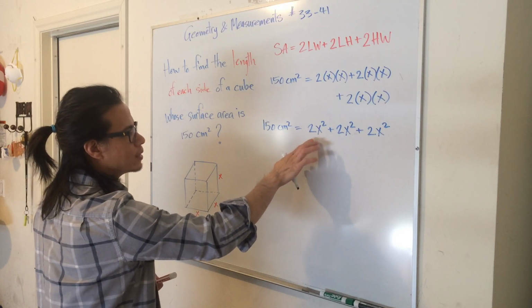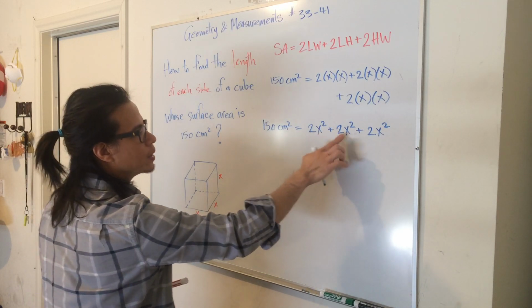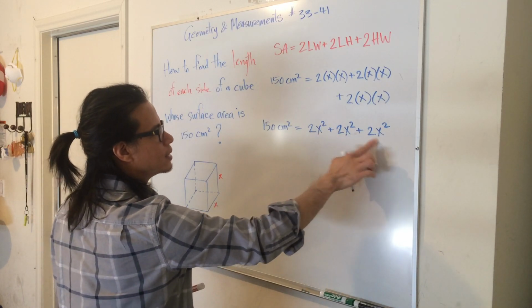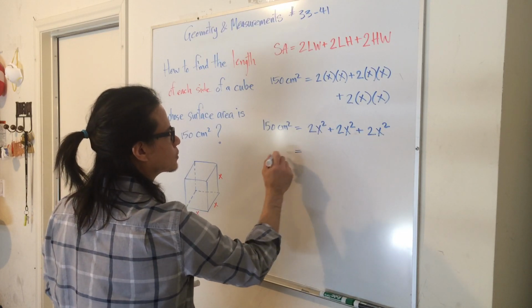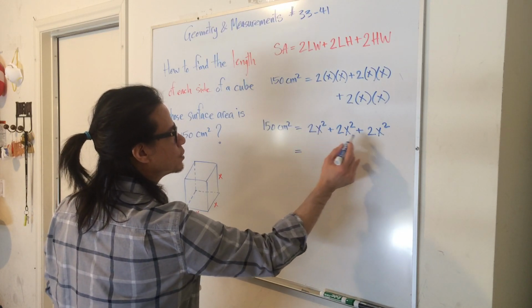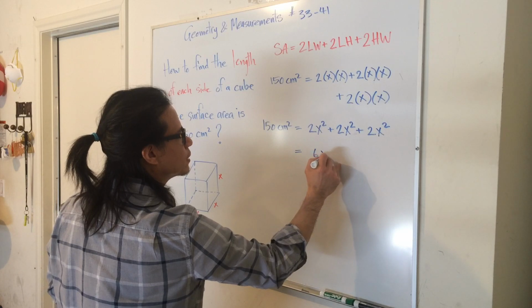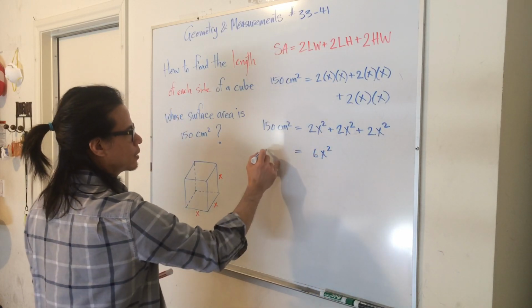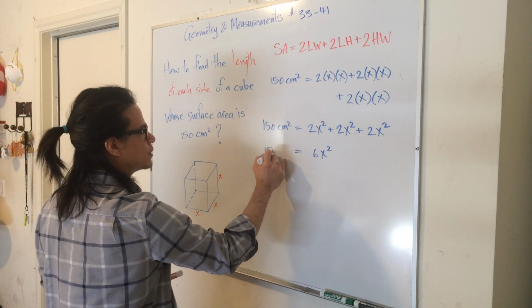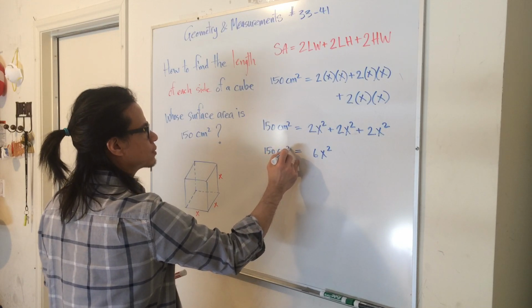Conveniently, we are ending up with x squared terms here. So we can combine these into one. So 2 plus 2 plus 2 is 6x squared. Here we have 150 centimeters squared.